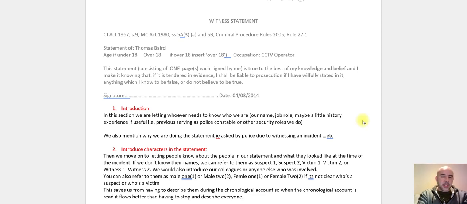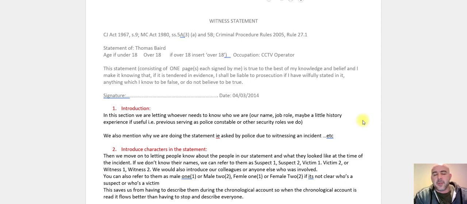So let's get started. First of all, you start off with your introduction in your statement. In this section, we're letting whoever needs to know who we are. So we mention who we are, our job role, maybe a little history, for example our experience. It could be that we were ex-policeman, ex-army, or we did other security roles as well.